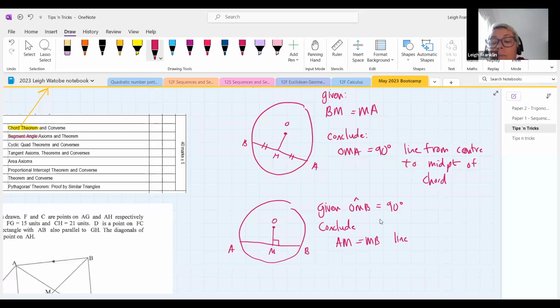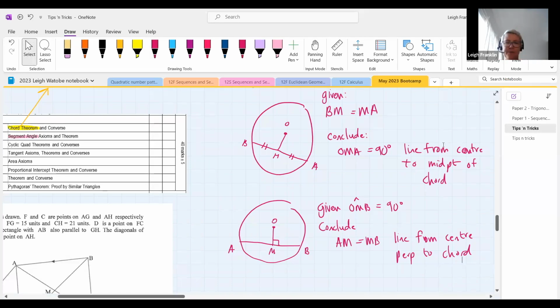Line from center perpendicular to chord. Okay, so that's how you know the difference between the chord theorems. When you are given the midpoints, it's line from center to midpoint of chord. If you are given the 90-degree angle, then it's line from center perpendicular to chord. I think that makes it a little bit easier for you guys. I know that a lot of people in grade 11 and going into grade 12 struggle with that.